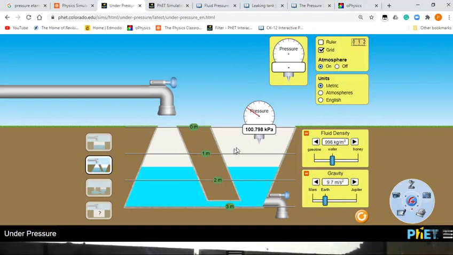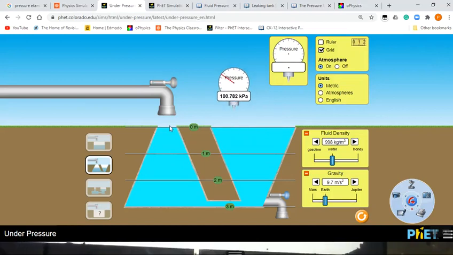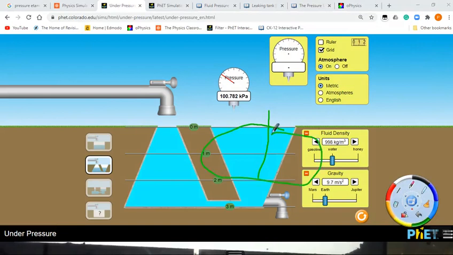The moment we think of pressure increasing with depth and the amount of weight above this, we would think that here on the right hand side there's obviously more water above, so the pressure on the right hand side is going to be way more than the pressure on the left hand side.